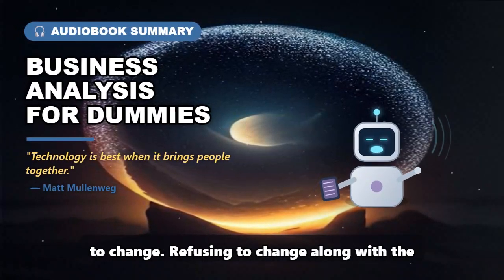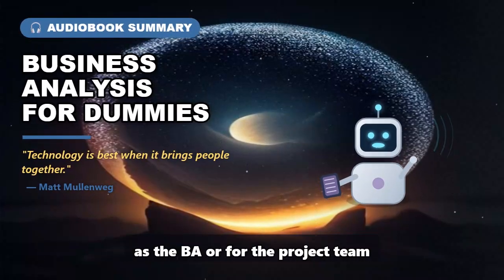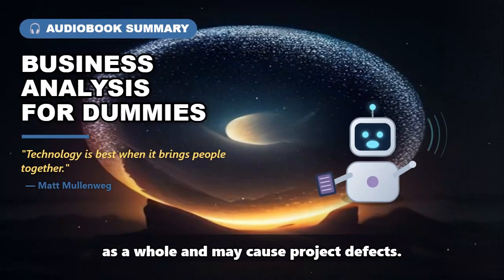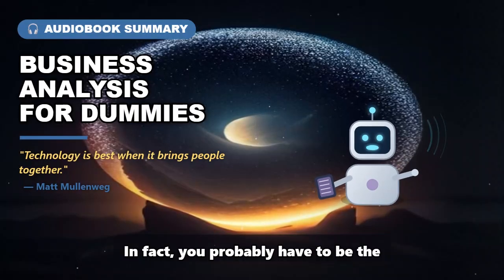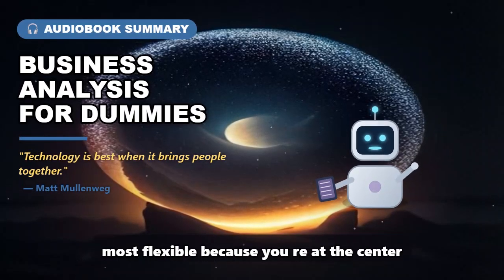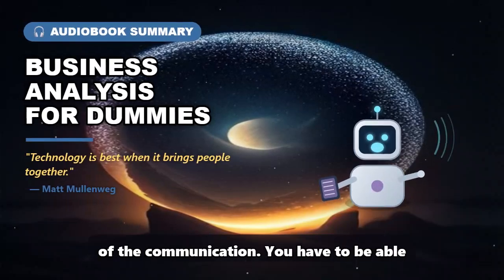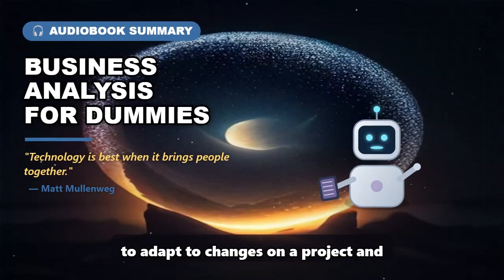Refusing to change along with the project doesn't bode very well for you as the BA or for the project team as a whole, and may cause project defects. In fact, you probably have to be the most flexible because you're at the center of the communication. You have to be able to adapt to changes on a project and adjust accordingly.